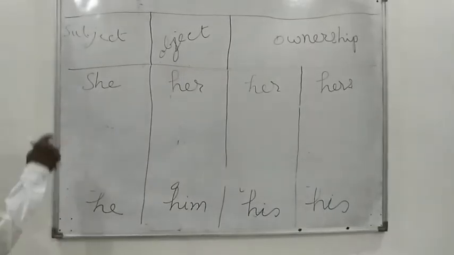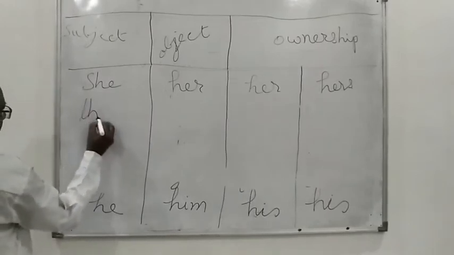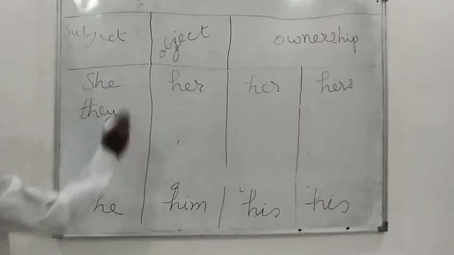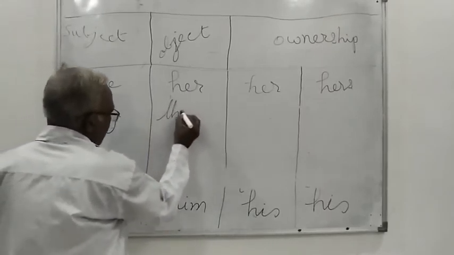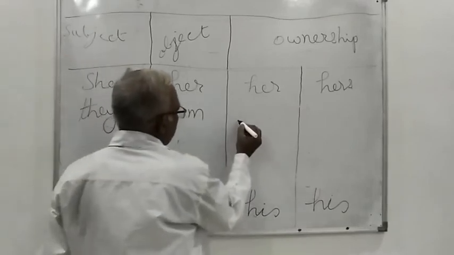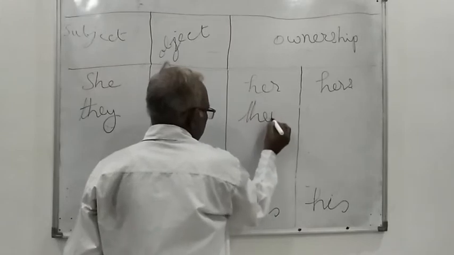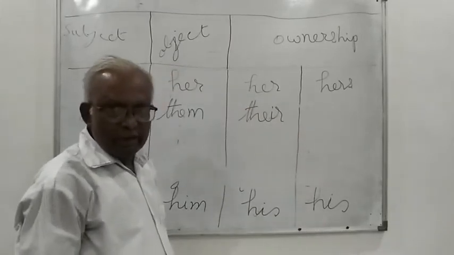If it is he and she, the plural would be they. And object will become them. Possessive will be their. Take care of the spelling. T-H-E-I-R.